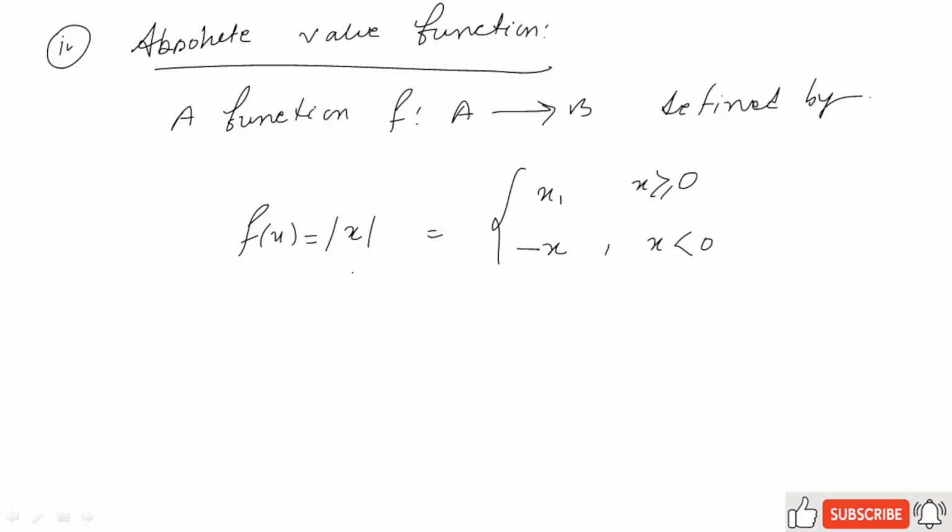Mod x means the value is either positive or negative. What is given we don't know, so we are taking two parts for absolute value functions. One is positive, another is negative. Positive starts from 0 and negative is less than 0. So x is less than 0, the value of x is all in negative.